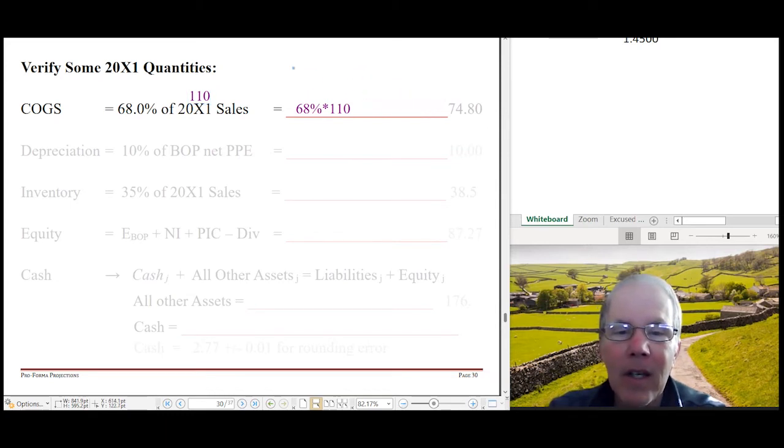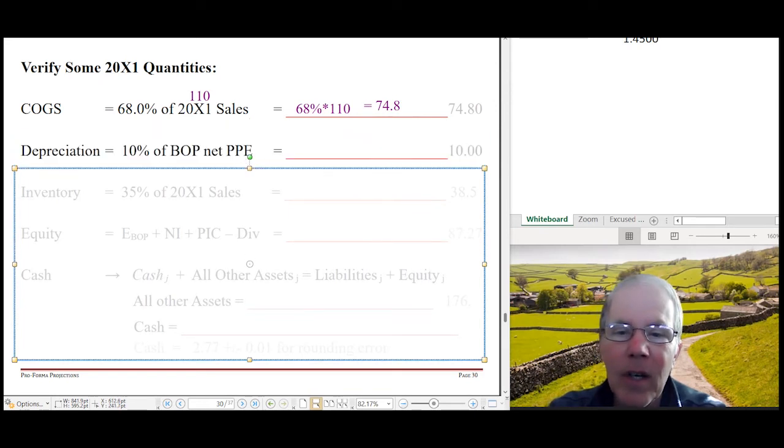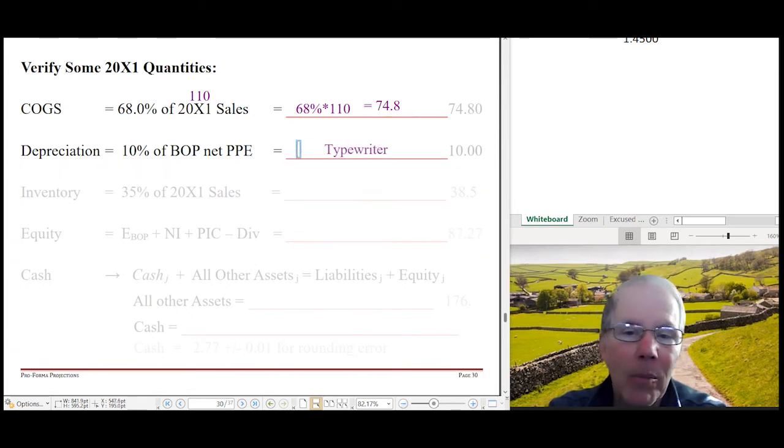Okay, and then we get 4.8. All right, and depreciation was equal to 10% of beginning of period net PPE. So that was 10% times 100. And that worked out to be 10.